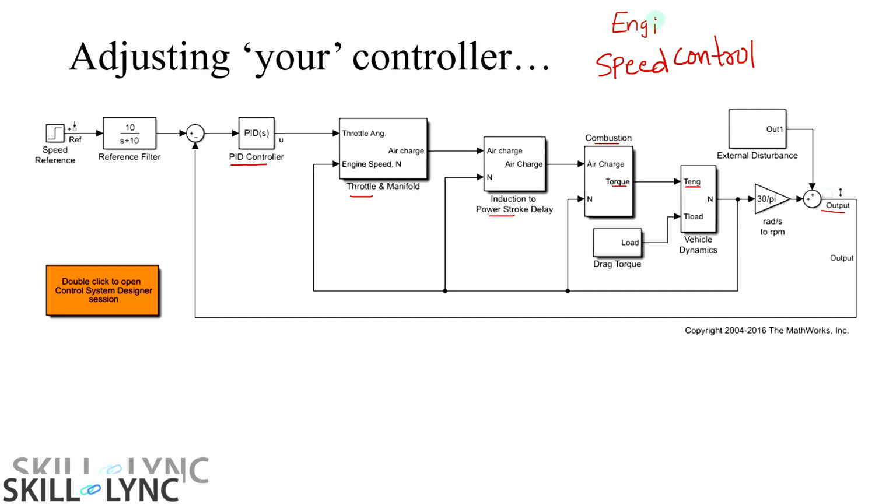Now in case you have a battery electric vehicle, and that battery electric vehicle is going to have for example a DC-DC converter over here, then a motor electrical equations, then you have the motor mechanical equations, and then you have finally the torque and speed or vehicle dynamics, where you have wheel or the road characteristics, and finally you are going to get the output speed of the vehicle in kilometers per hour, for example.